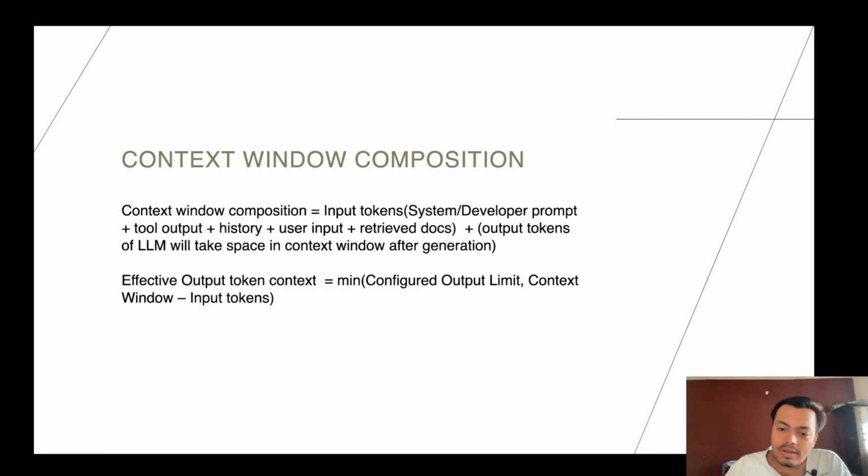Even the output token is in our control, but there we are setting rules and the LLM is generating output for it. Let's see how the root cause can lie across these areas of system prompt, tool outputs, history, and retrieved docs, and how we can approach this problem for better outputs.